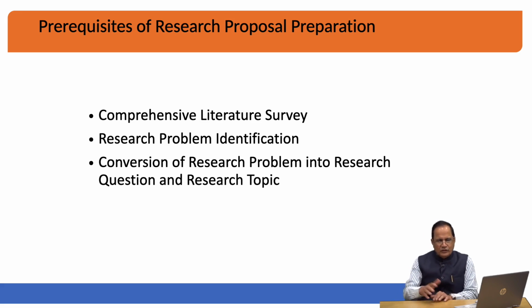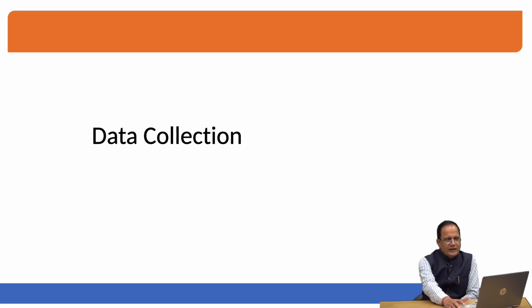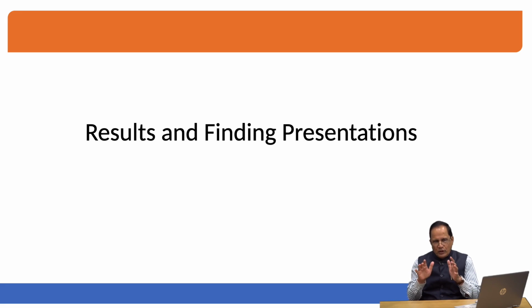So, once research has been conducted and data is collected, data is interpreted, analyzed and put up into the form of results and findings. In the last session, as I told you, there are different methods of data collection. With the help of those methods, we will collect the data, and then the collected data will be analyzed by using different types of statistical tools.